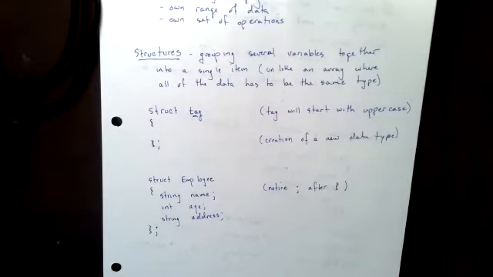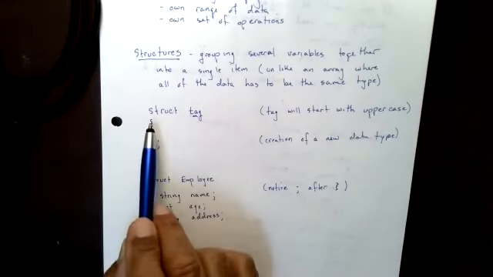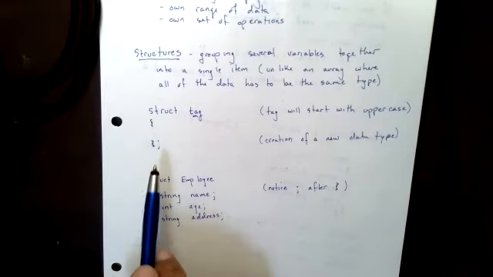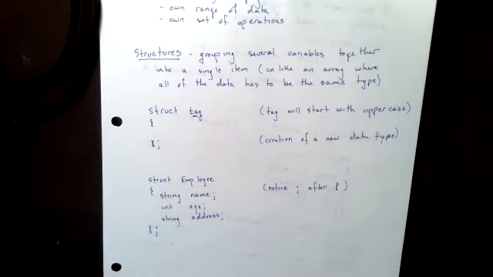When I lay it out, I give it the tag name, a left brace, a right brace, and that semicolon. It could easily be forgotten, but that semicolon appears at the end of my structure.